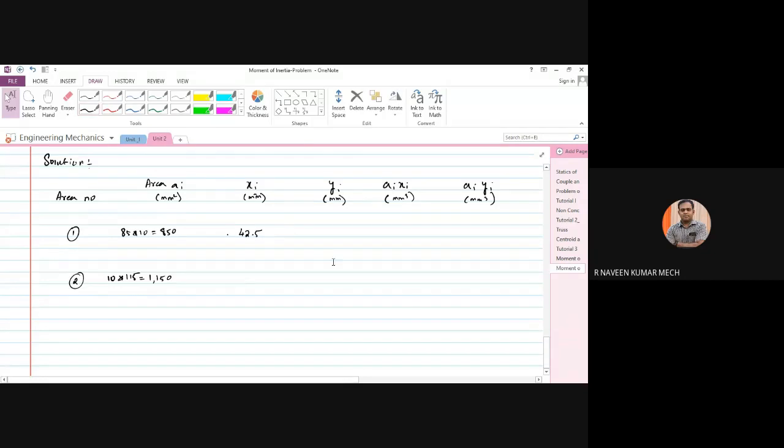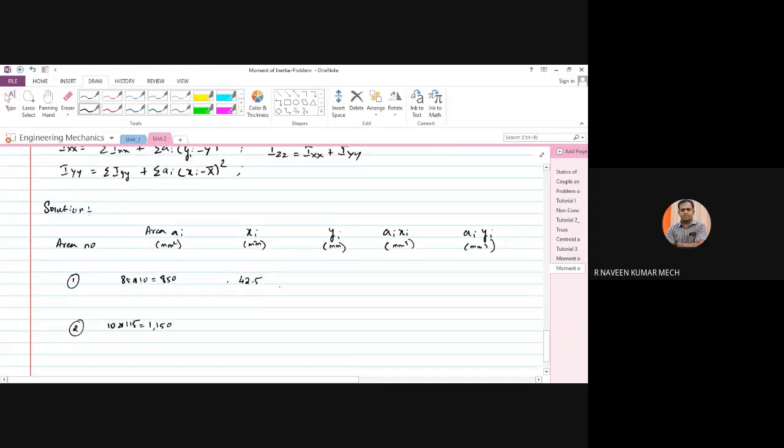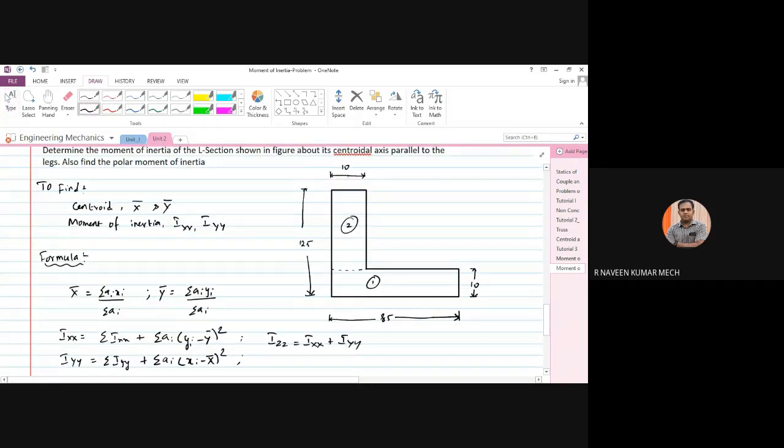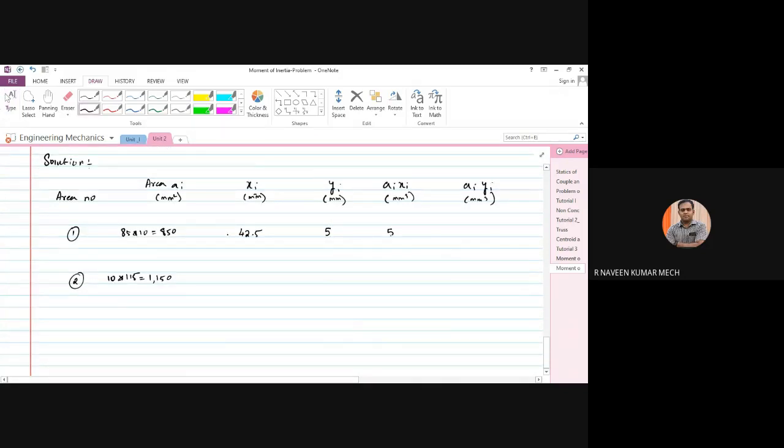Yi is 10 divided by 2, since the origin lies here itself. So 10 by 2, we get 5. Similarly, for this component, x is 10 by 2, that is 5, since the origin lies just at the center. So I can write it as 5.